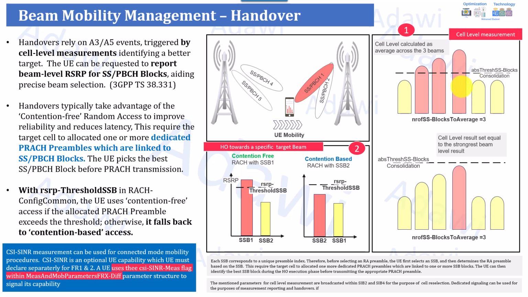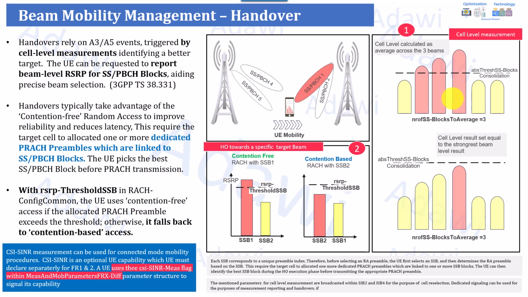In terms of handover, which is our topic today, it will be delivered through dedicated signaling, which is the RRC reconfiguration message, which allows the user to do the measurement reporting and the handover through calculating the cell level measurement.